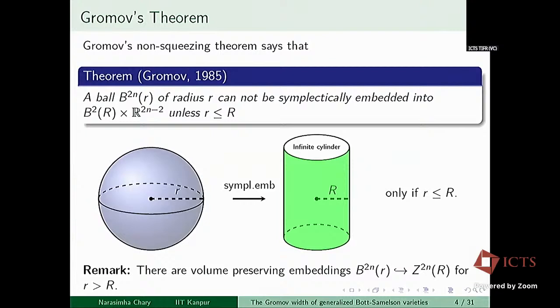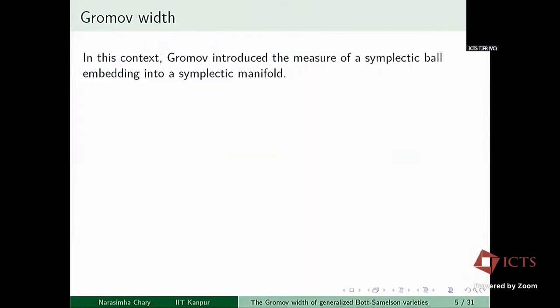Here you might get volume preserving embeddings, but not symplectic ones, which means symplectic embeddings are very rigid in some sense. In this context, Gromov introduced a way to measure symplectic things.